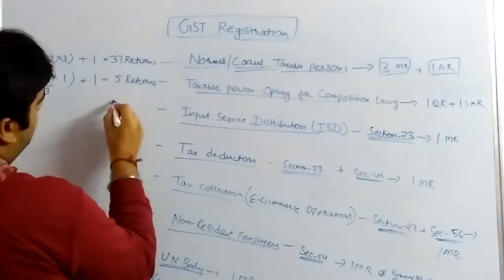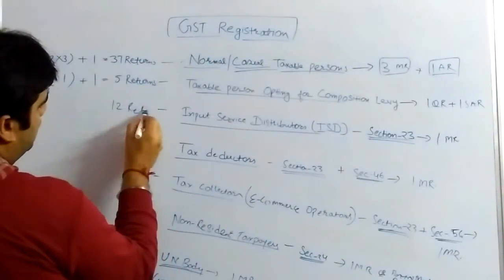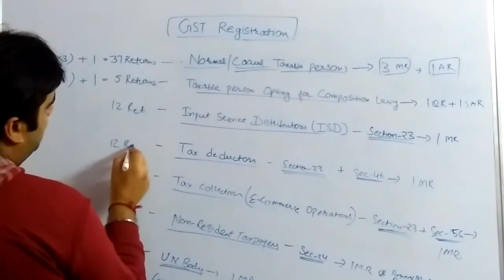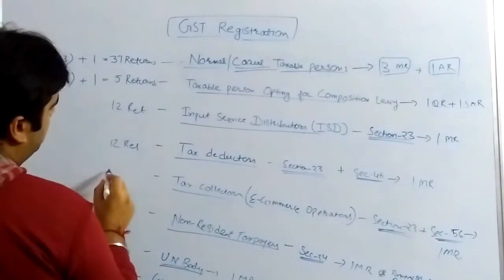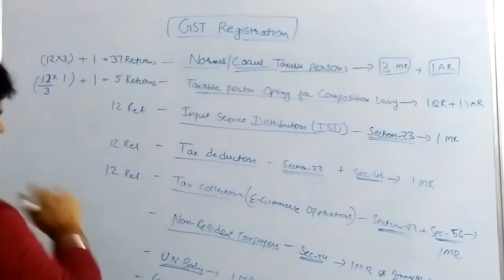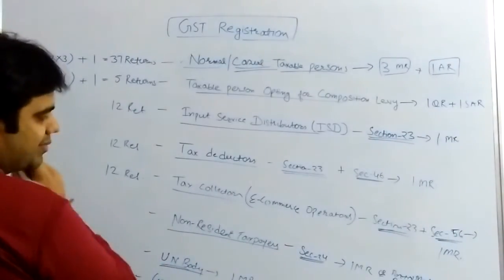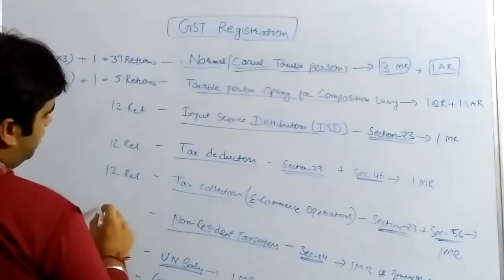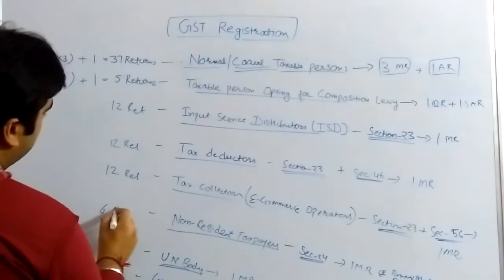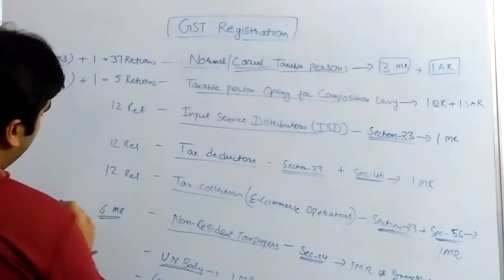Input service distributor, 12 returns. They have a requirement of 1 monthly return. TDS, 12 returns. TCS, 12 returns. Non-resident taxable person, depending on their registration, can file a maximum of 6 monthly returns if they are registered for 180 days.